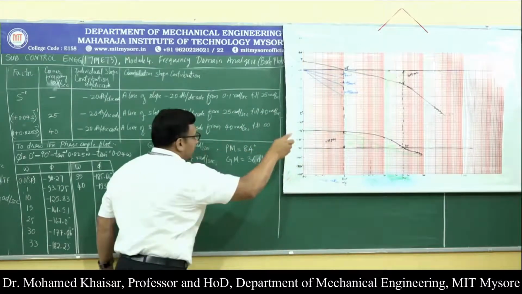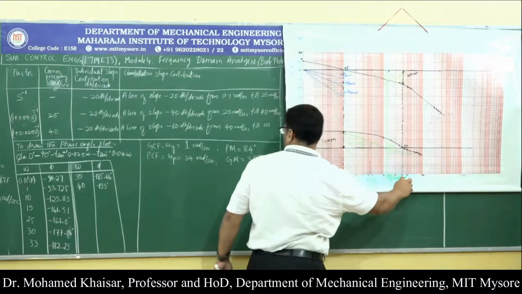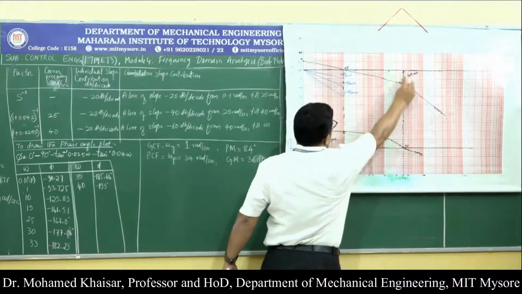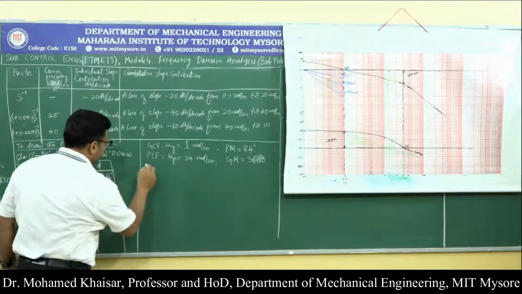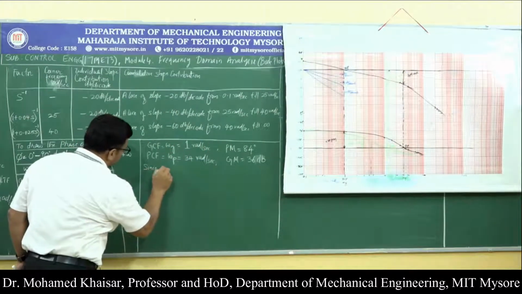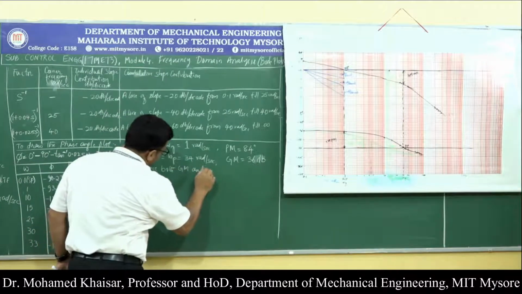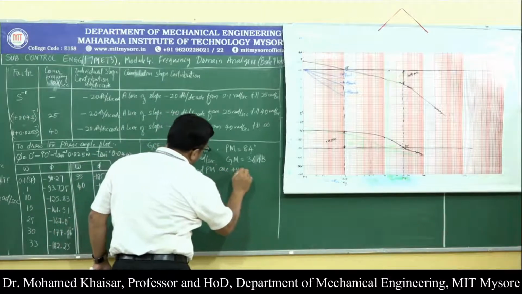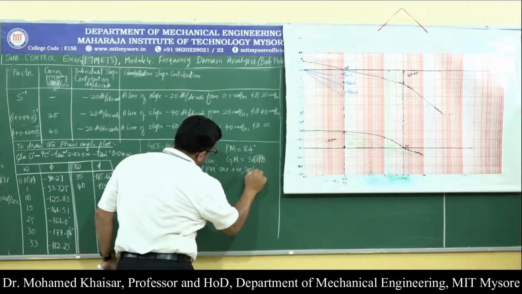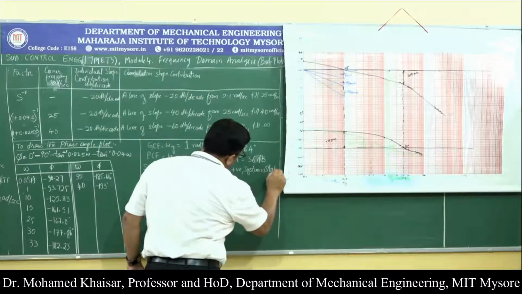Phase crossover frequency is 34 radians per second, and the respective gain margin is 36 decibels. So, since both gain margin and phase margin are positive, the system is stable.